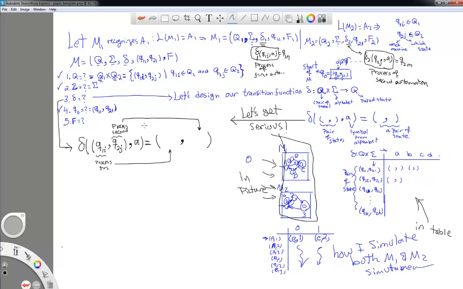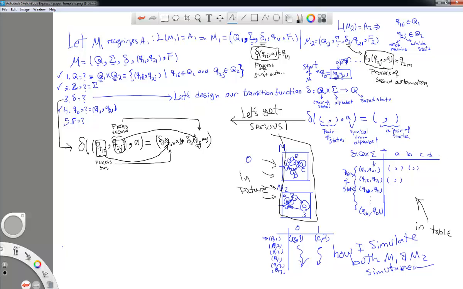So all I need to do is take this and break it down to use delta sub 1 of Q1I comma A, and delta sub 2 of Q2J and A. See, this Q goes in here, and the second Q goes in here.